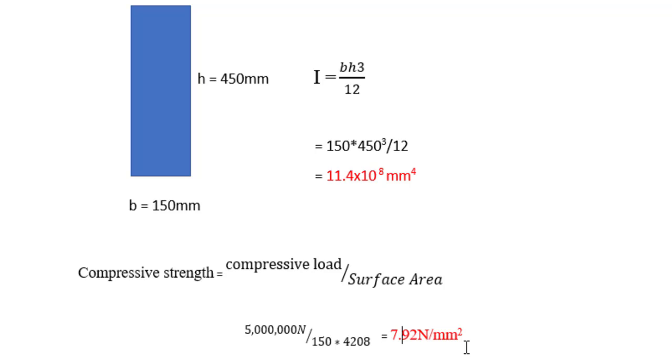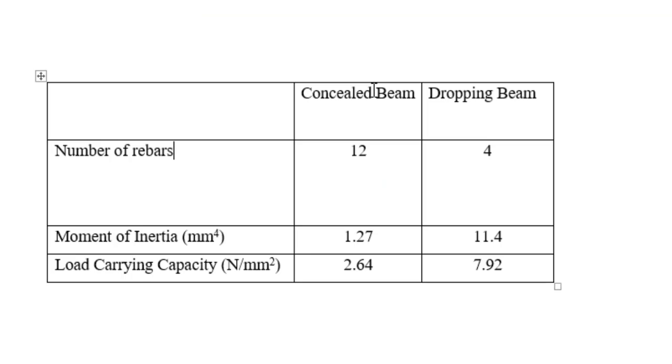In a tabulated manner, you can see the column for the concealed beam and the column for the drop-in beam. Now, if we consider the number of rebars required to make one concealed beam, we'll have 12 numbers of Y16 reinforcement. If you want to have a drop-in beam, you'll have 4 numbers of Y16.